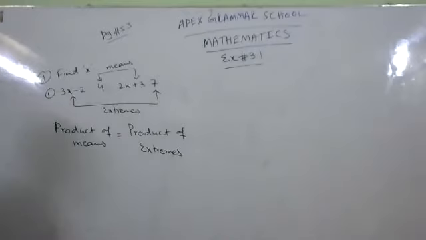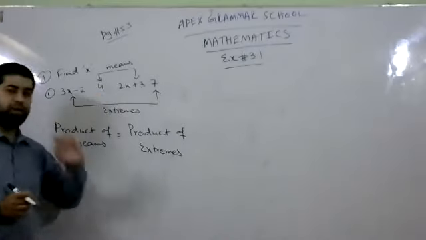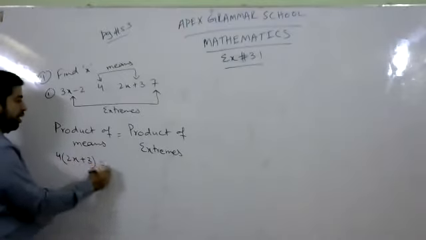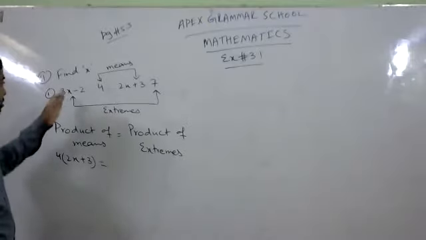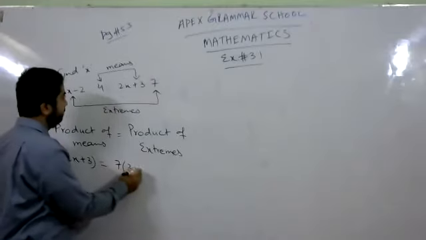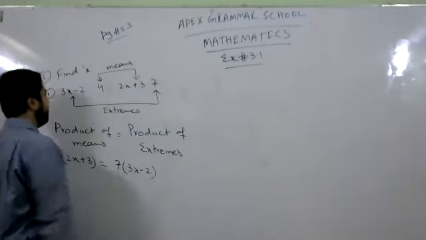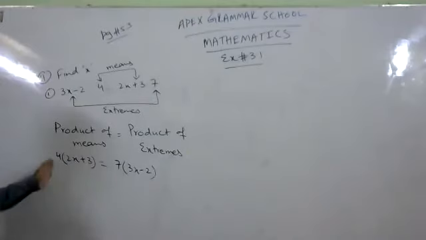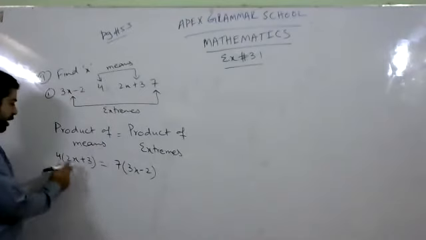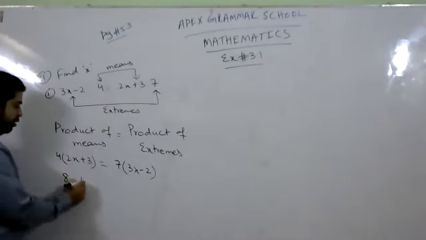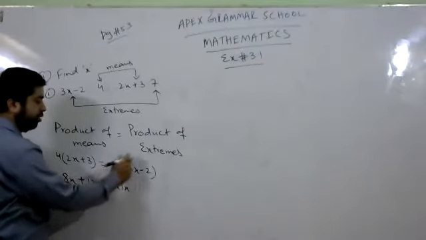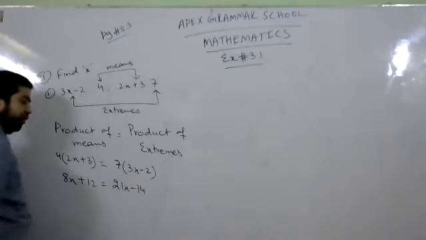Product of means, 4 multiplied by 2x plus 3, and product of extremes, 3x minus 2 multiplied by 7. Now this 4 is going to multiply inside, this 7 will go to multiply inside. 4 times 2x is 8x, plus 4 times 3 is 12, 7 times 3x is 21x, minus 7 times 2 is 14.